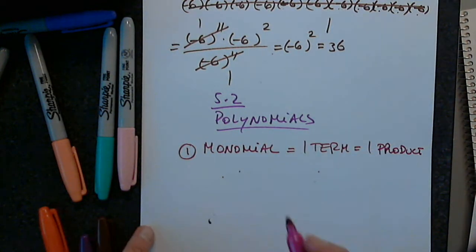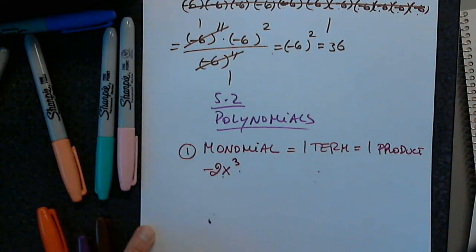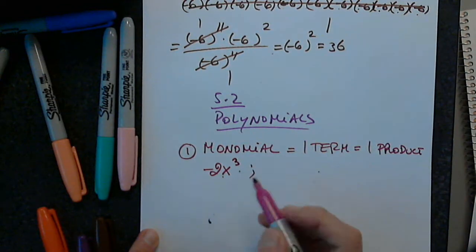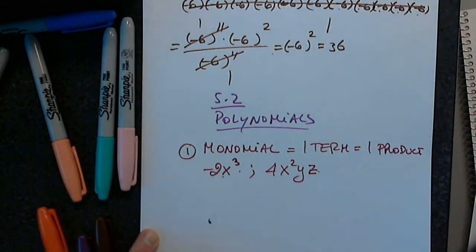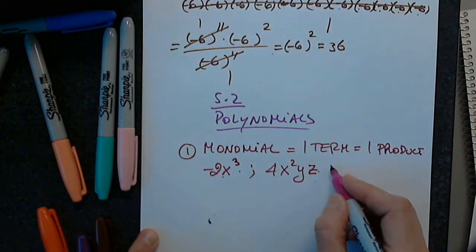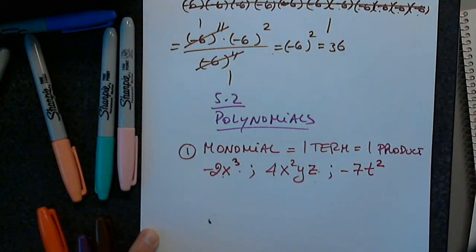Here will be examples. Negative 2x to the third, another example, 4x squared y z. Another example, negative 7t squared. All these are monomials. One term, one product.